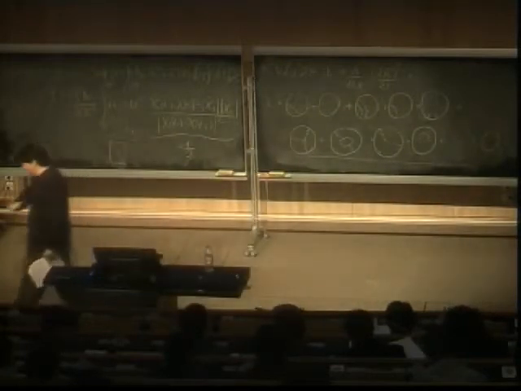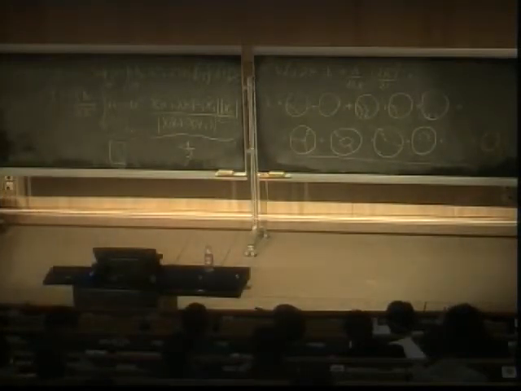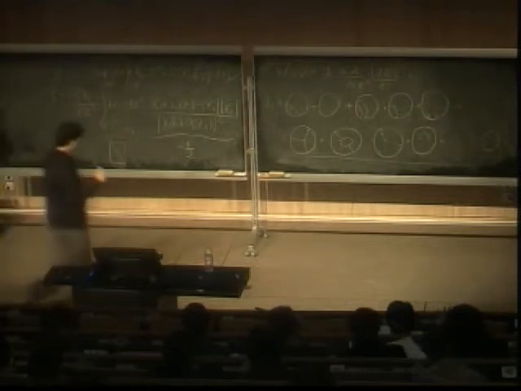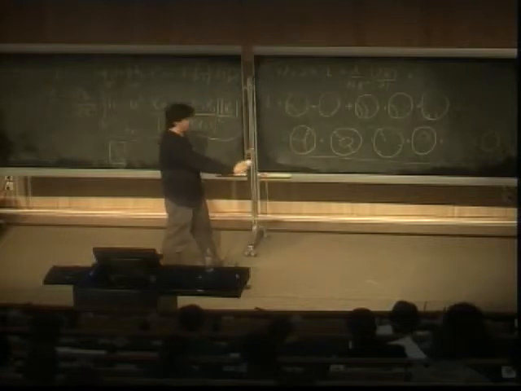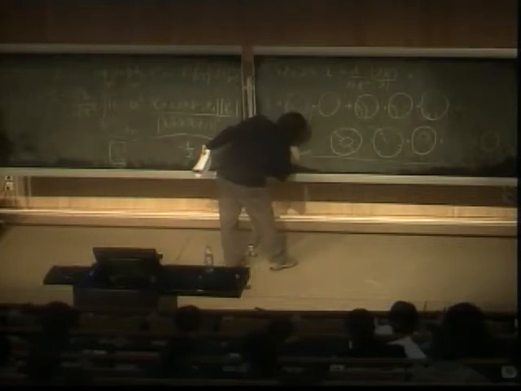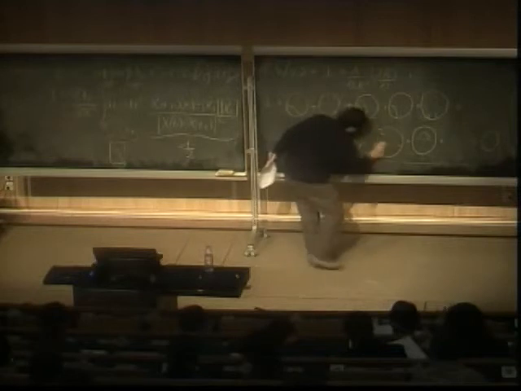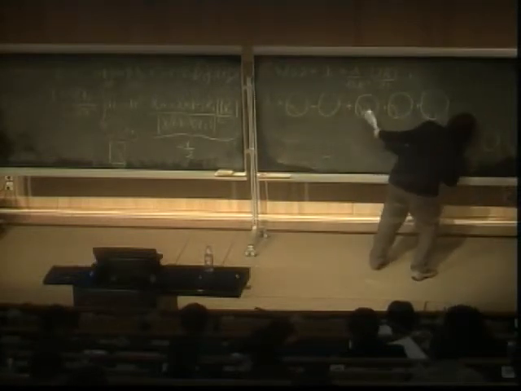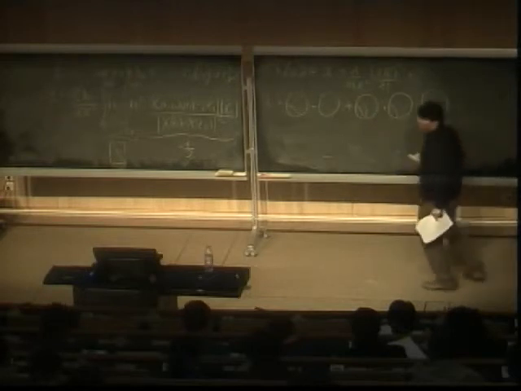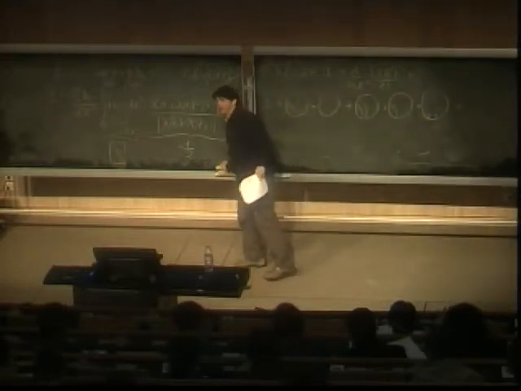So they found an amazing cancellation going on at 2 loops, and it turns out that all we have at 2 loops is just this. These diagrams, by the way, and that's why I drew them like that, are sometimes called rainbow diagrams or ladder diagrams.